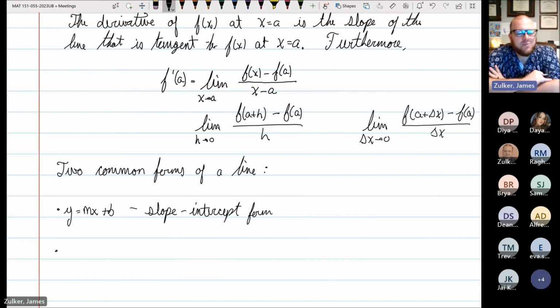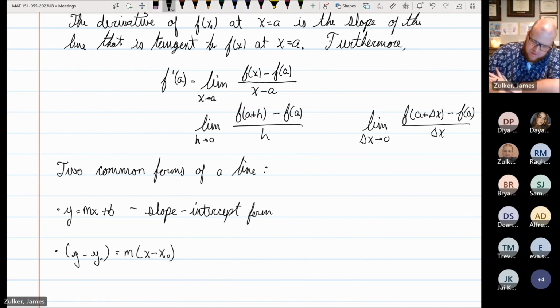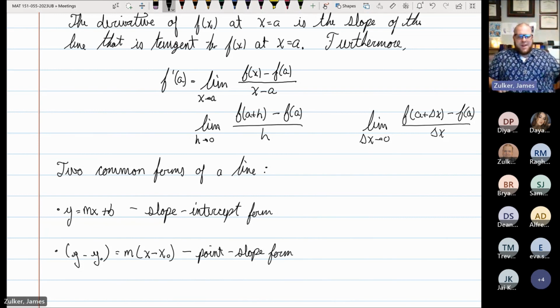There's another commonly used form: y minus y naught is equal to m times the quantity x minus x naught. This is the point-slope form.